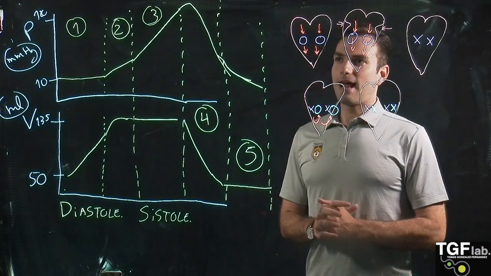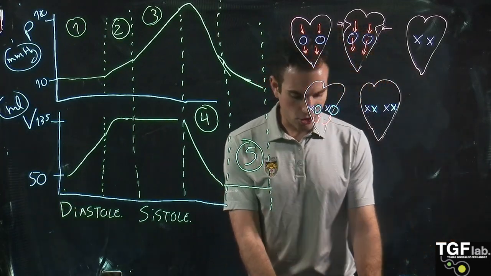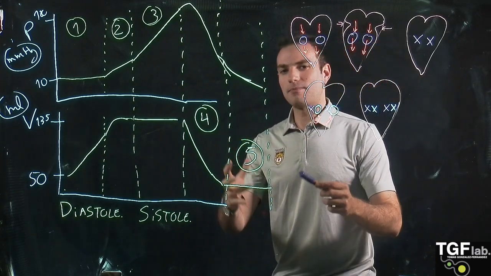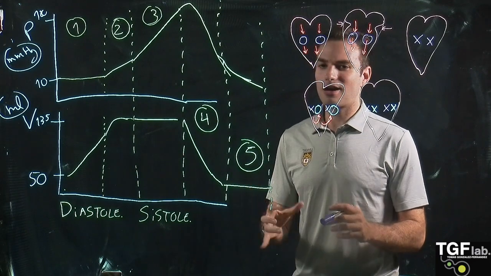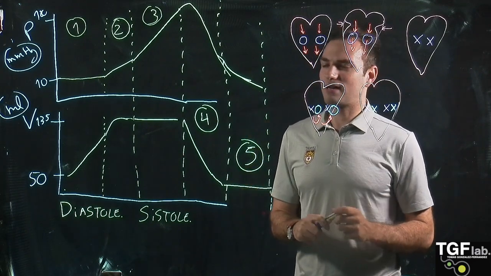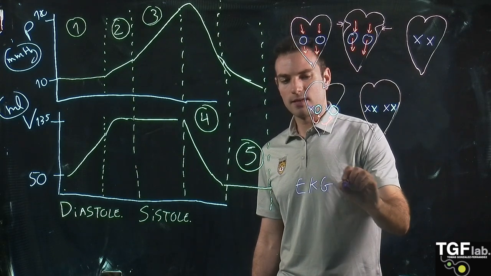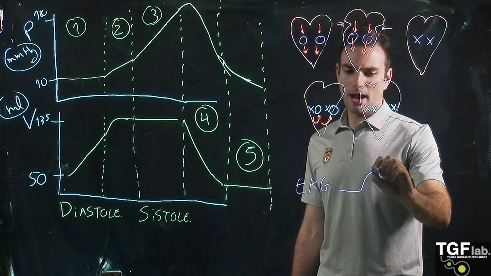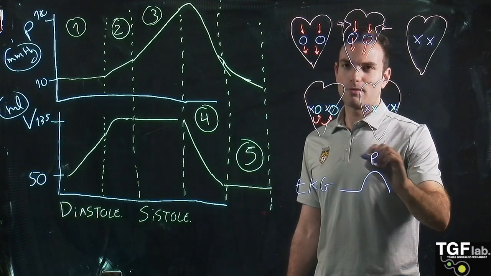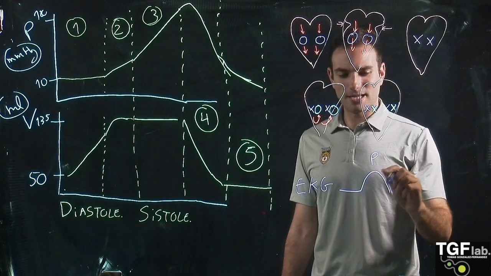This process can also be represented by the electrocardiogram. The electrocardiogram measures the polarization of the walls of the heart, and it is a representation of what is happening here. So in the electrocardiogram, EKG, we have different waves. First, we have the P wave. This represents the auricular contraction or the polarization.